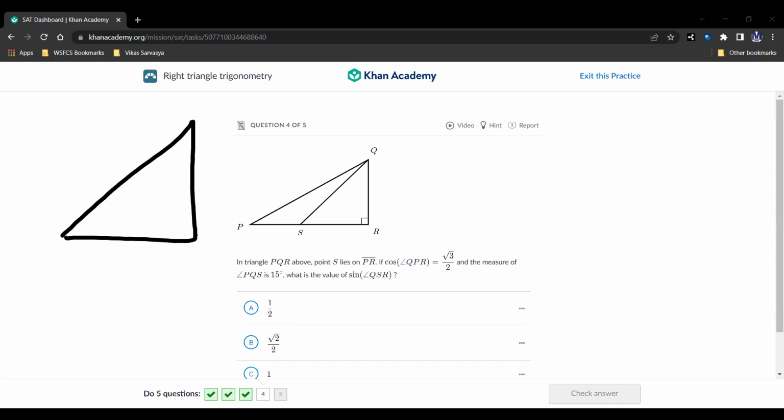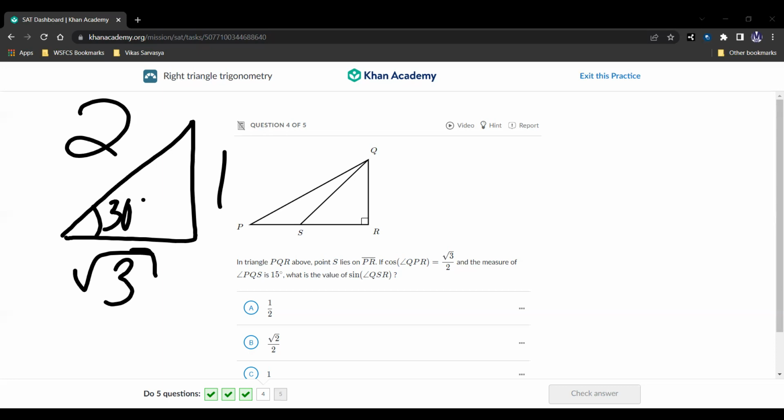And we know that we have this. We can write root 3, write 1, write 2, make a 30, 60, 90 triangle, where this is 30 degrees. And we know that cosine of QPR is root 3 over 2, so this QPR is 30 degrees, by the fact that the angles of our triangle have to add up to 180 degrees.